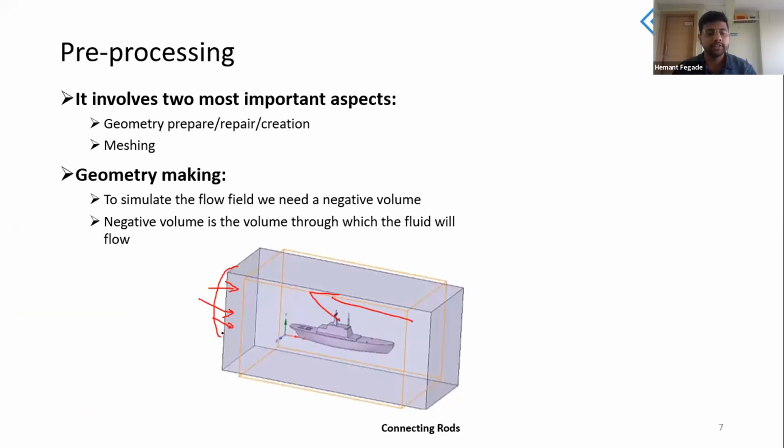This makes this particular surface the inlet for that case, and this face is going to be the outlet, because this is a constrained space that we are simulating, nothing beyond that. This is where your air is going to start coming in, and this is where it is going to start going out. This is how any kind of external flow simulation is set up, or imagined and idealized.